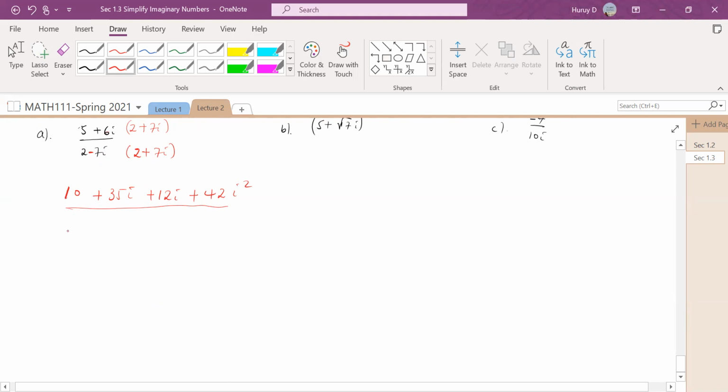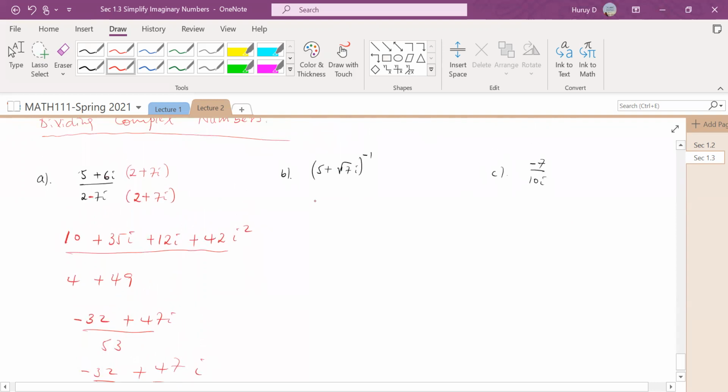So here we have 2 squared, which is 4, and that one will be plus 49. And here this would be negative 42. This is negative 32 plus 47i over 53. And this is negative 32 over 53 plus 47 over 53 i. And this is the standard form.